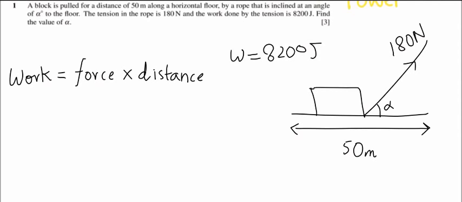In this particular question, they have given us the work, which is 8200 joules. The force is F, and the distance is 50 meters. So I just plugged in the values that they've already given: the value for work, and the value of distance.